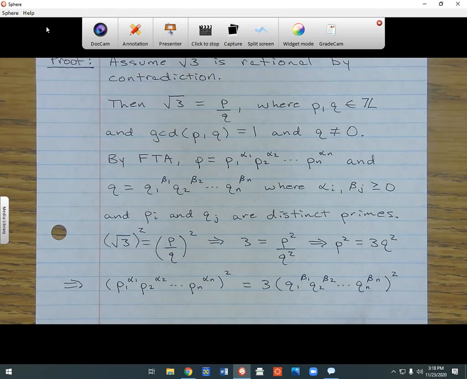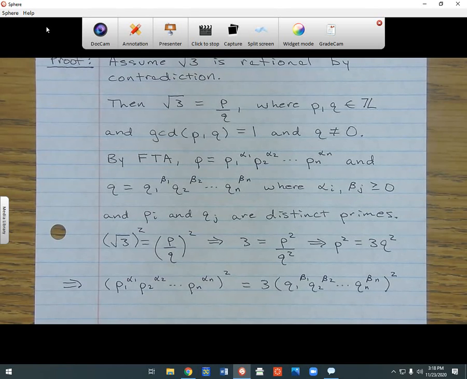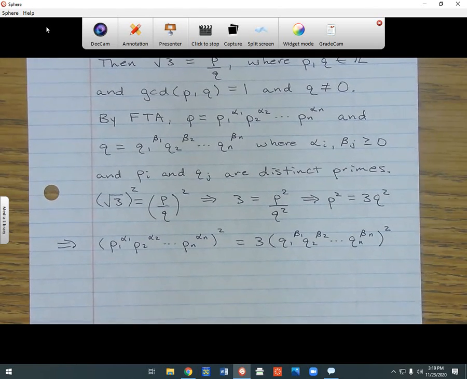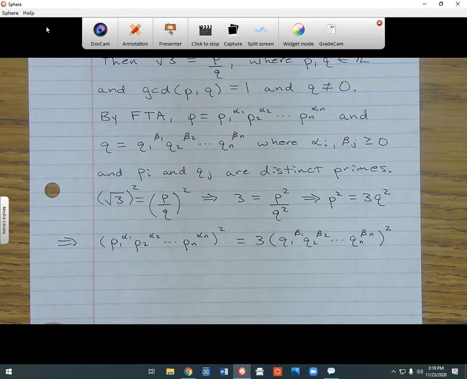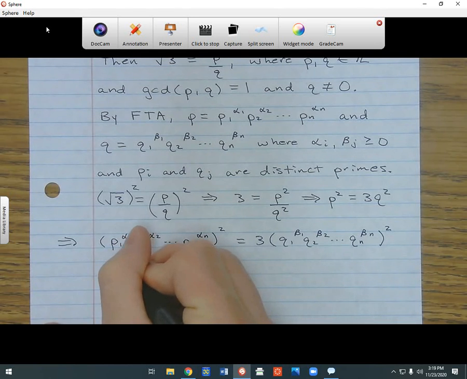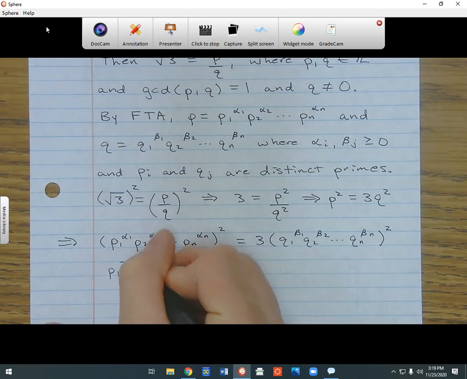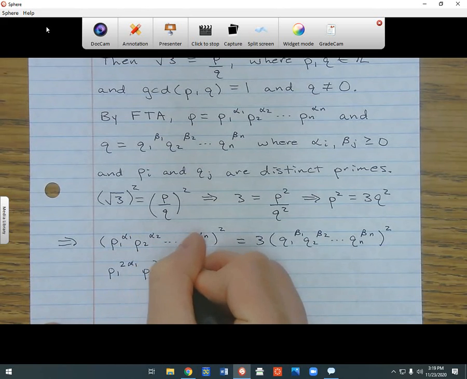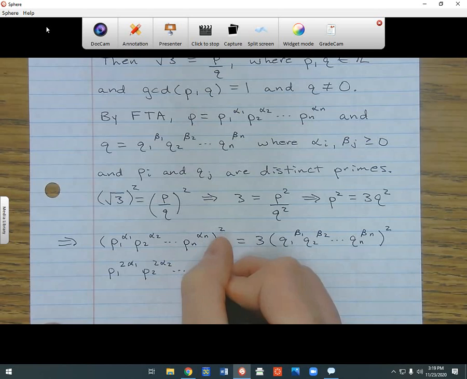Okay. So now we're going to use an exponent rule, where we take the exponents and we multiply them all by 2. So I'm going to get p1 to the 2 alpha 1 times p2 to the 2 alpha 2 all the way to pn to the 2 alpha n.